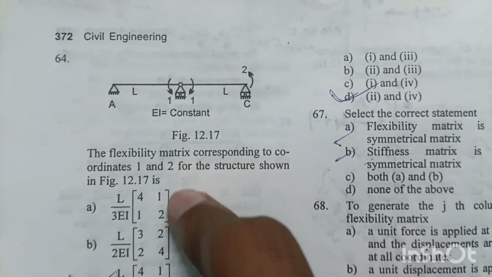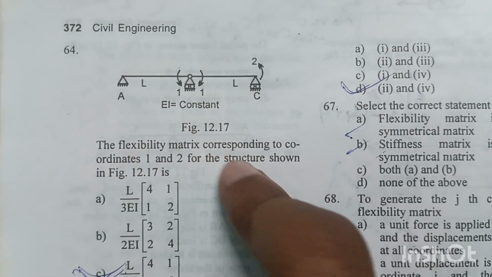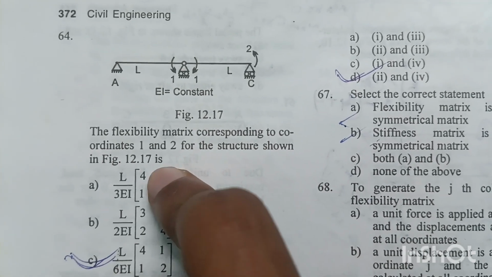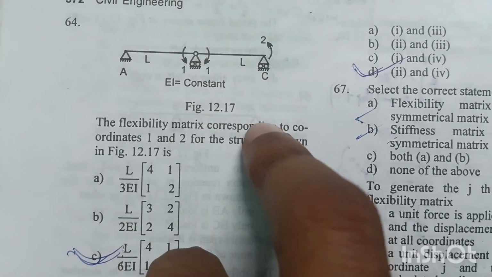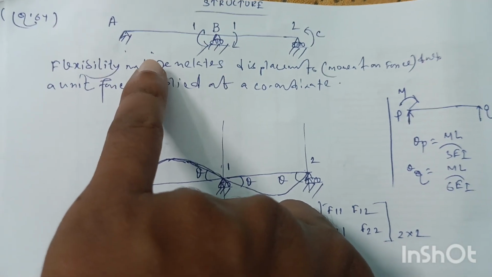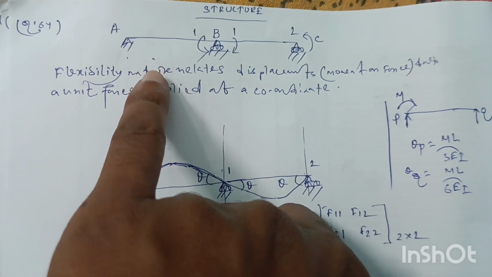Question number 64. The flexibility matrix corresponding to coordinates 1 and 2 for the structure shown in figure 12.7 is. For question number 64, the continuous beam ABC is given.